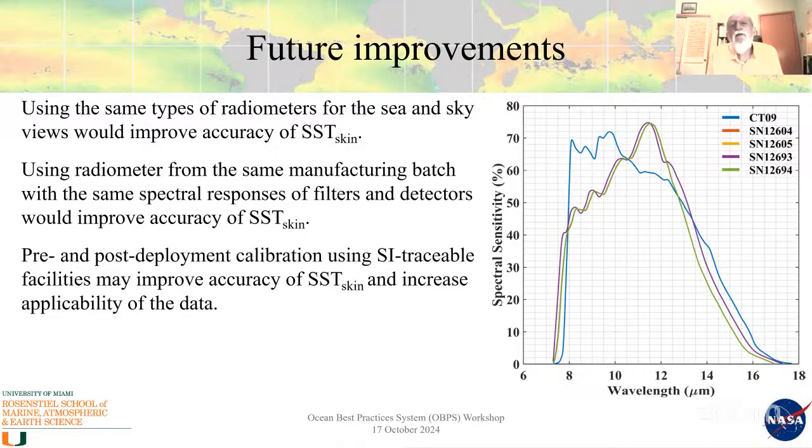Saildrone accepted the manufacturer's calibration, and against my better judgment, that turned out to be good. But I think in future we could improve the accuracy if we had proper pre- and post-deployment calibration against SI traceable laboratory calibration targets.